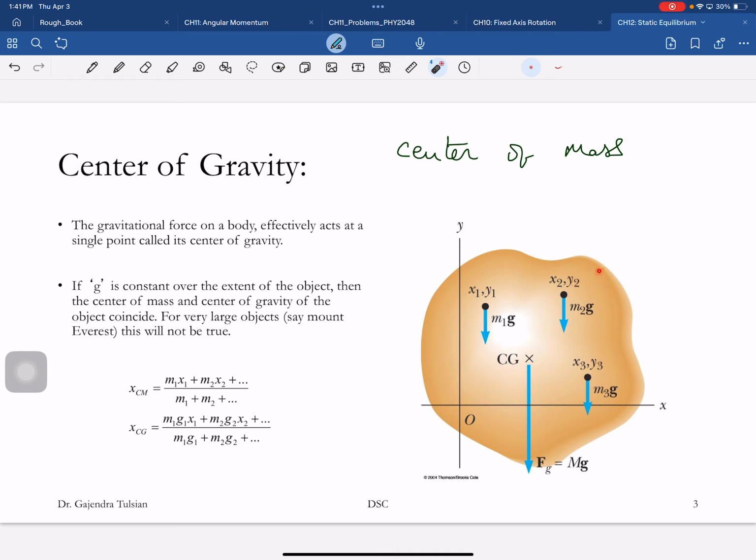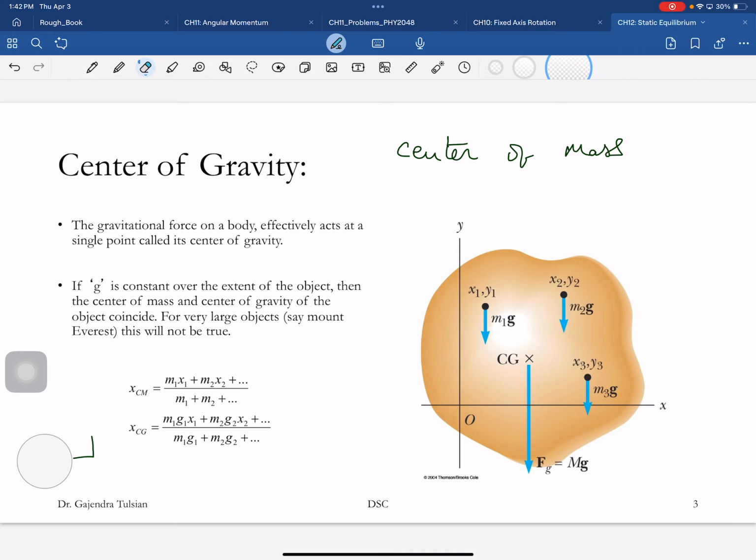The center of gravity is the point at which you can think that the weight of the object is acting. So if this were Mount Everest and there is Earth, center of mass will be above center of gravity. Center of gravity will be closer to the Earth. For a small, let's say uniform square object, the center of mass and center of gravity will be the same point, at the center.